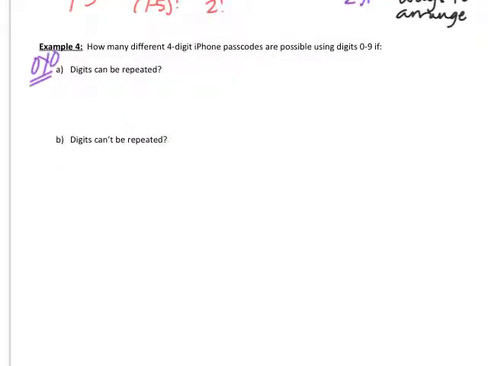In example number 4, you're asked to find the number of different passcodes there are for an iPhone. So if you're putting in an iPhone password and there are 4 digits, remember the only digits that you can use are 0 through 9. I'd like you to figure this out on your own. So what would happen if you can repeat the digits? For instance, you choose 4777, or what if you cannot repeat?